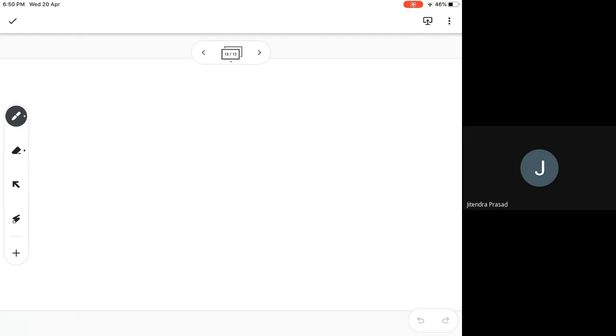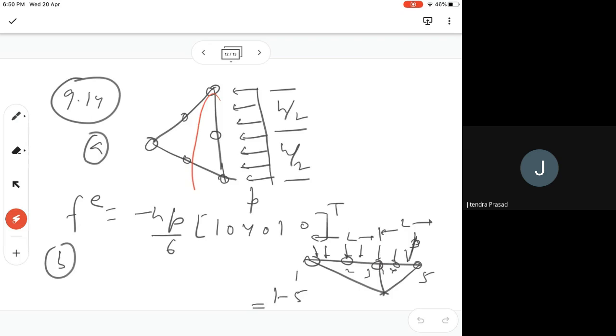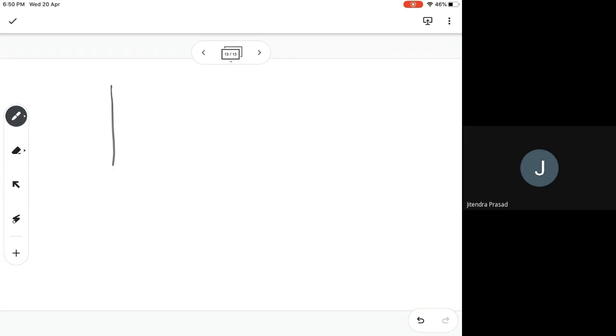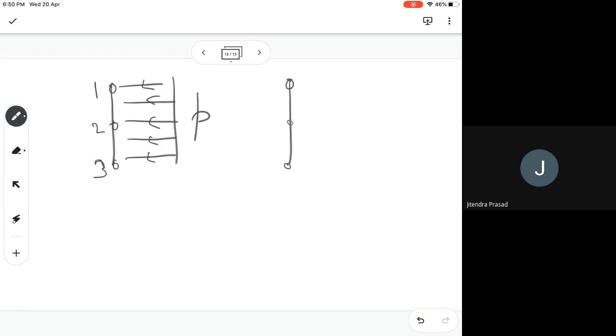So as far as 1 is concerned, like in case of this, this is a three-noded element, right? So finally, this becomes a three-noded element. So you have a three-noded element, and then you have a pressure P given like this, and let us say this is 1, 2, 3. And you remember like you will construct a three-noded element, such that N1 will be 1 here, 0, 0, right?